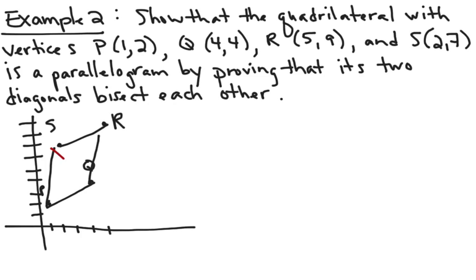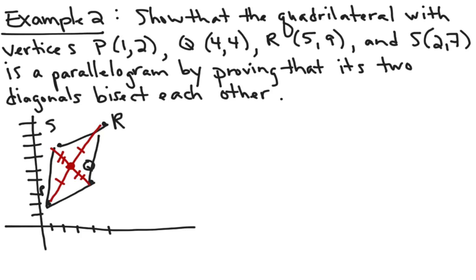And we want to show that these diagonals bisect each other. So those two must be congruent, these two must be congruent, or in other words, their midpoints must be at the same location.